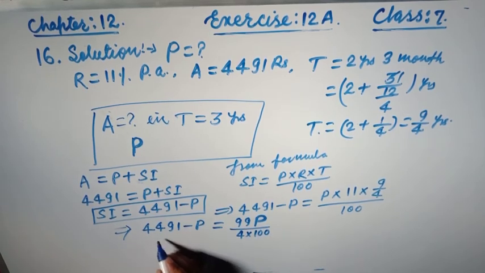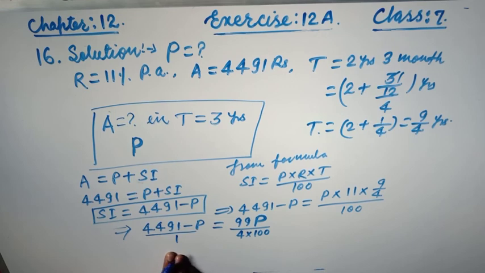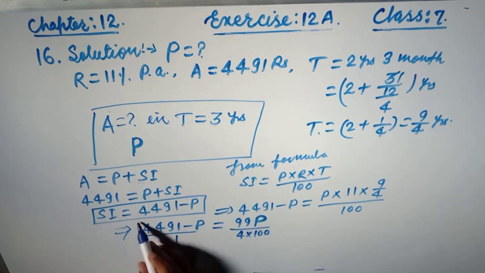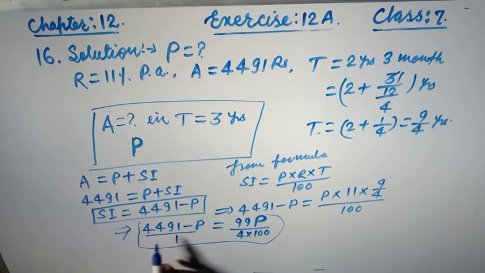After cross multiplication, friends, there is one hidden cross multiplication. This is the same as question number 15. From here after cross multiplication we can find the value of P, and then we can easily find the amount. We can find the value of P and the value of SI.